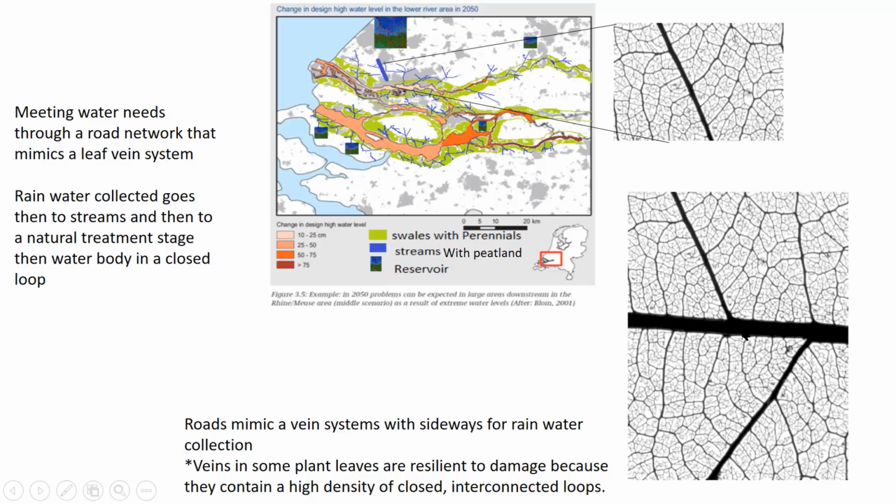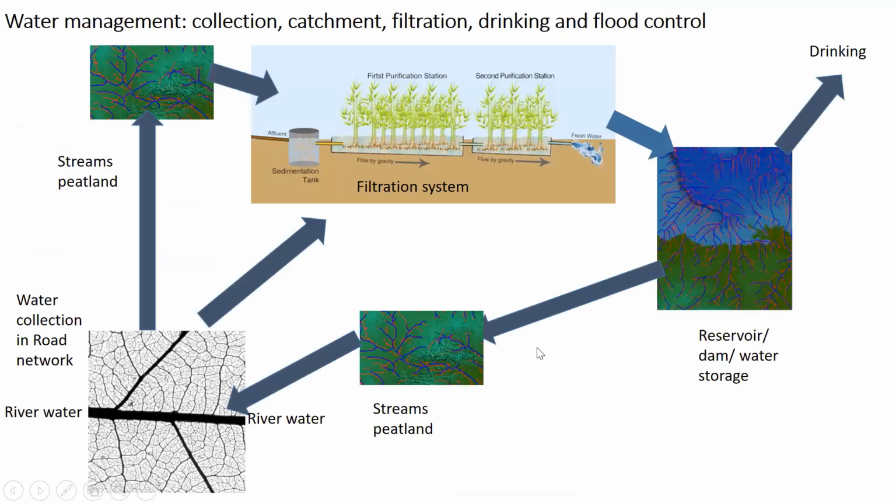So if this is the river and these are the streets, the water is flowing in these streets at specific angles to allow it to be collected eventually into a reservoir. So here's an example, a better diagram.